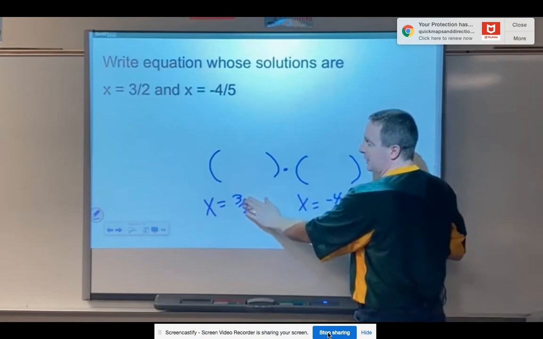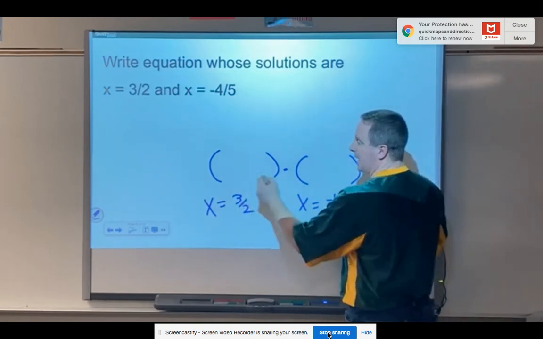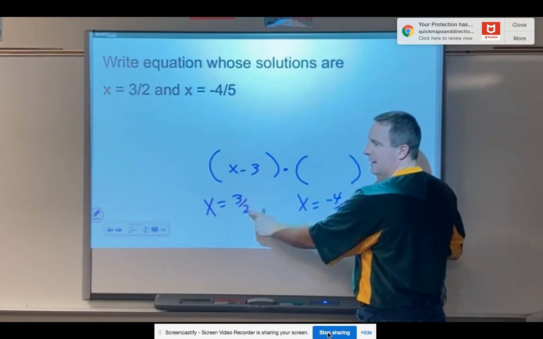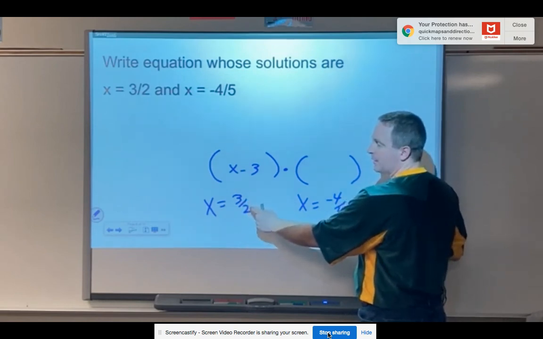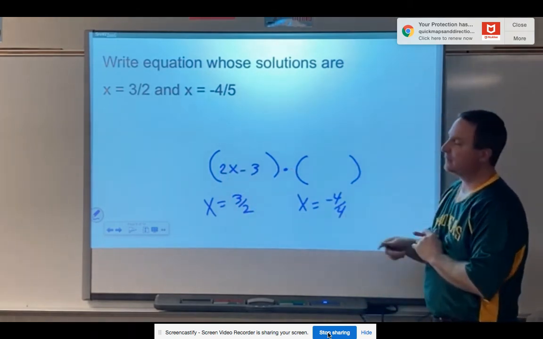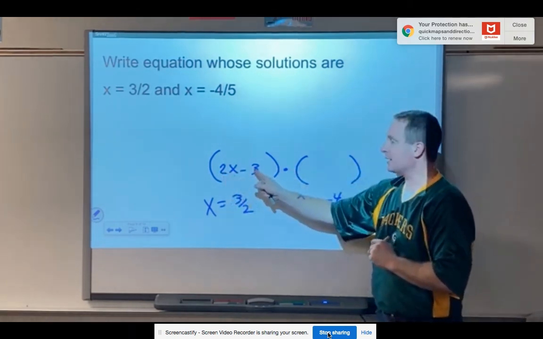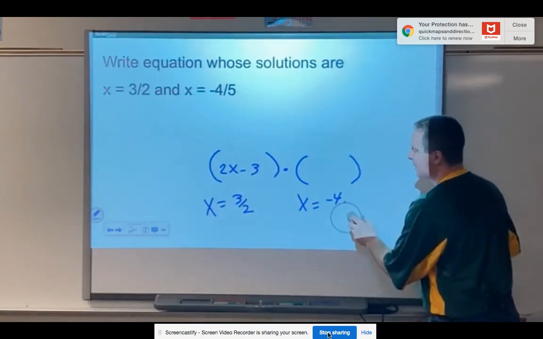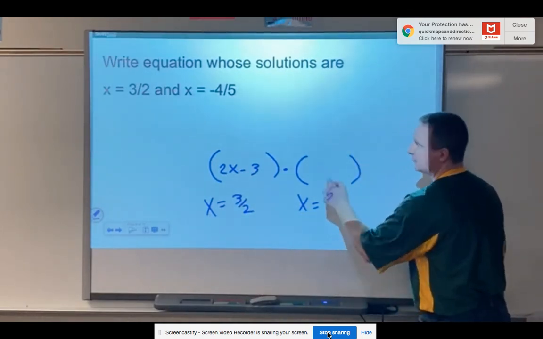What if I took away the fraction? If I just said x is 3, you would say x minus 3. But where did that denominator come from? If you remember, we divided by the number that was in front of the x. It has to go back in front of the x. 2x minus 3. This is 4 fifths.